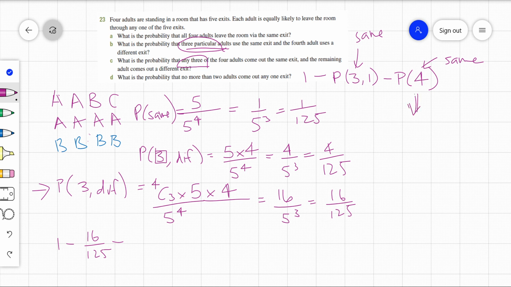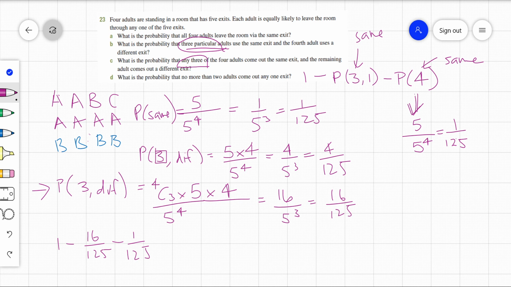So the probability of all 4 coming out the same door: they could choose 5 different ways out of the 5 to the power of 4 different ways, which is 1 on 125. So all adults coming out the same door, there's 5 choices. Yeah, that makes sense.